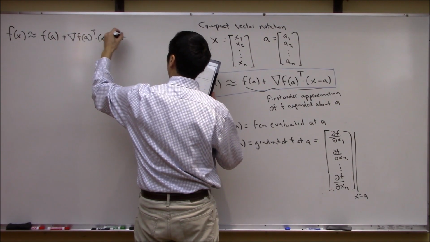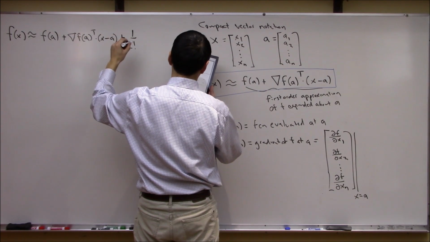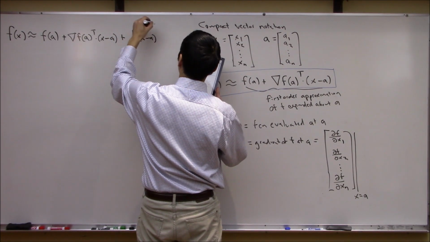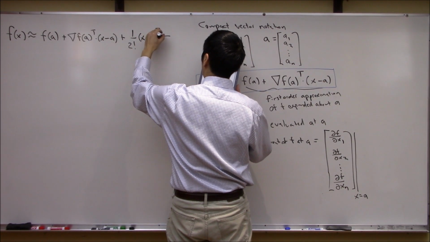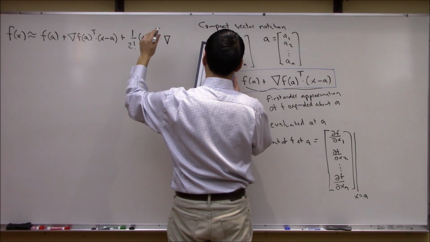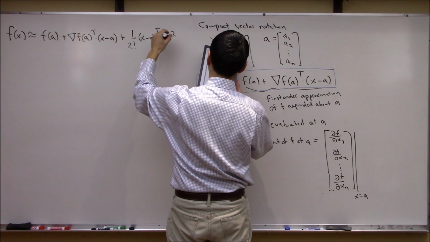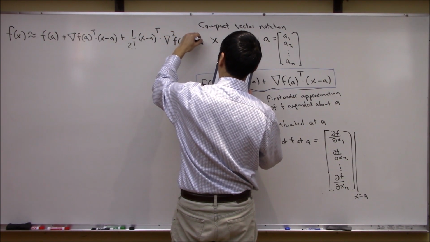So now we get a plus 1/2 factorial, x minus a transposed, times this is the Hessian, del squared f of a, times x minus a.